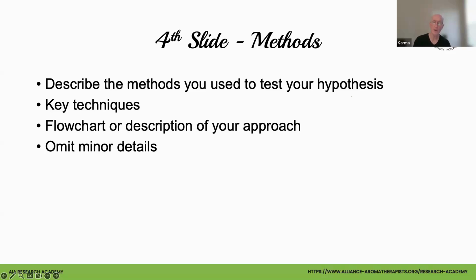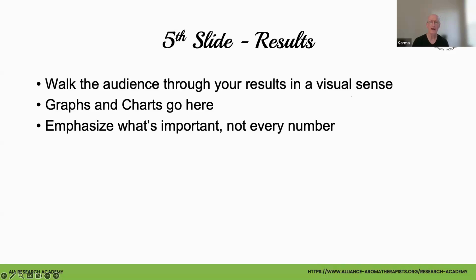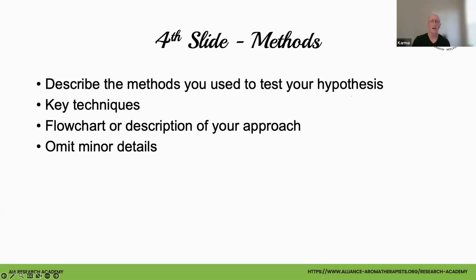And if they were lost during follow-up, you put that, and we'll show an example of that later. That can be very, very clarifying. Finally, you want to describe the methods you used to test your hypothesis and omit minor details. They want to have the big picture. They can get those minor details in your article. Next slide.